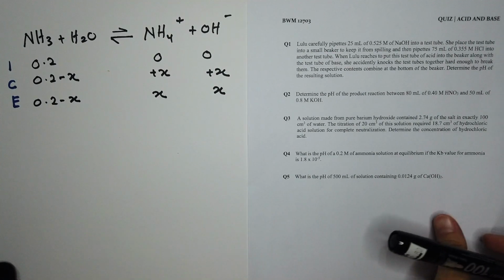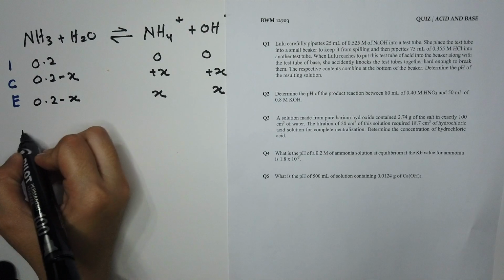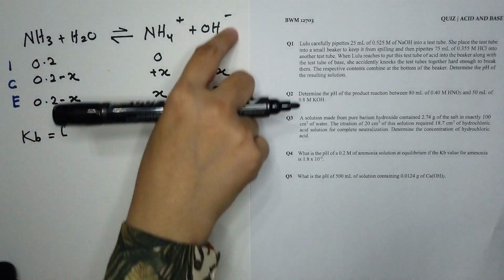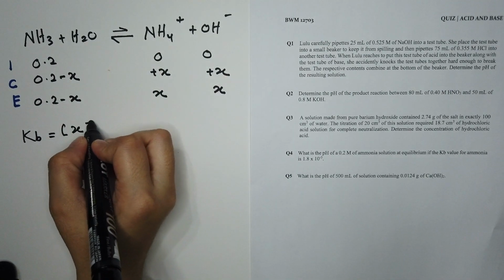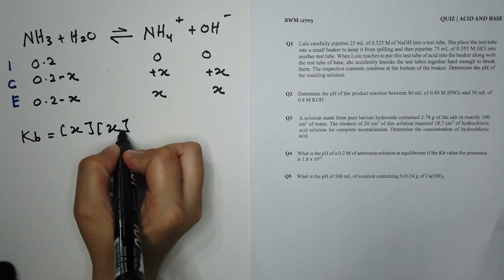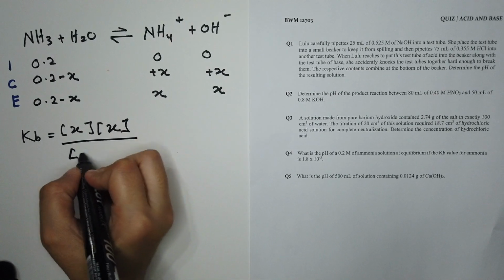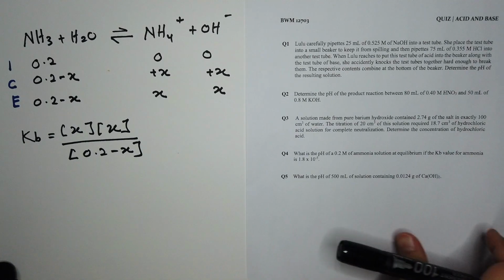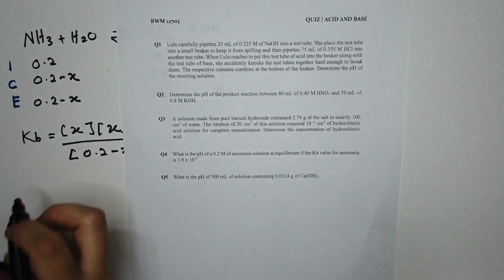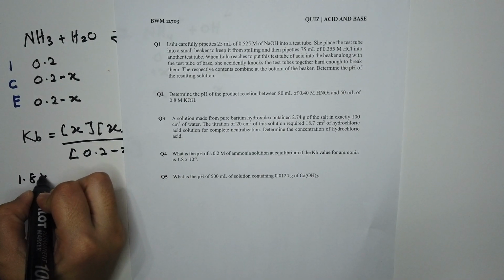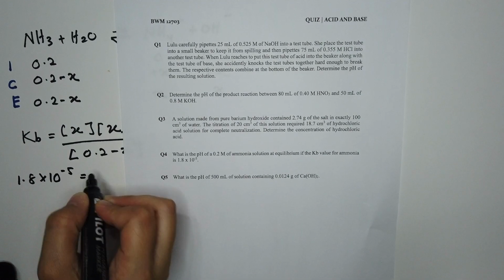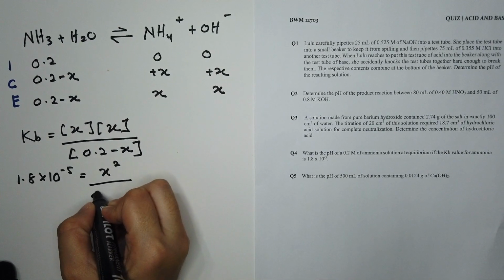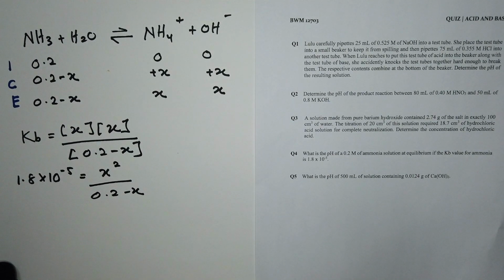So when you want to calculate your Kb, it is whatever in the product divided by whatever in the reactant. Given in the question is the value of your Kb. So Kb is 1.8 times 10 to the power of negative 5, equivalent to x squared divided by 0.2 minus x.